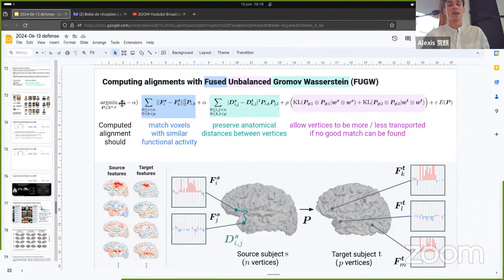But I think this is truly an object that we should try to seek. So maybe let's forget optimal transport. Let's forget about fugue. Let's think about brain images.